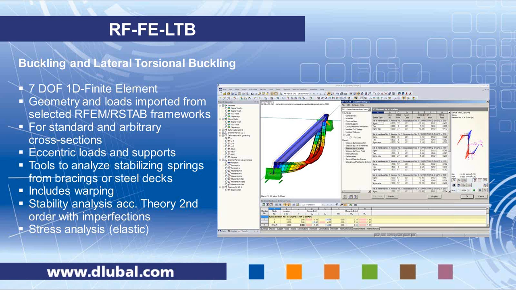We will also take a look at this module live. ShapeThin and RF-FE-LTB work together with RFEM. You can import cross-section data from ShapeThin to RFEM, and RFEM is also used as a modeling and housing tool, I would say, for RF-FE-LTB.